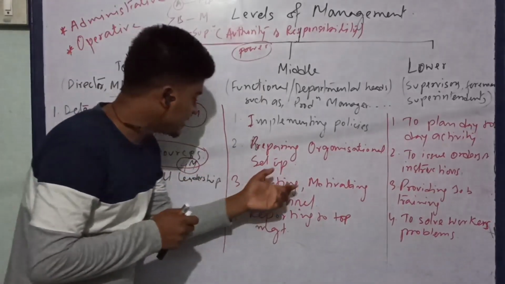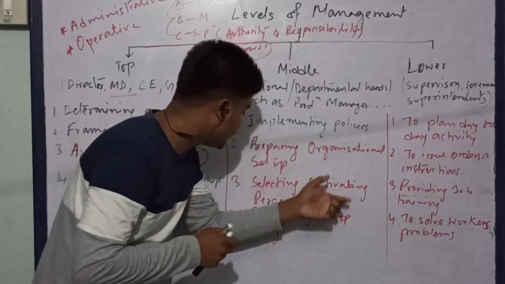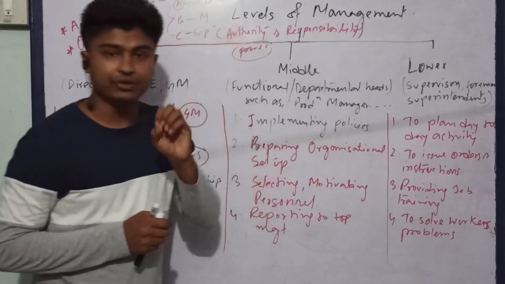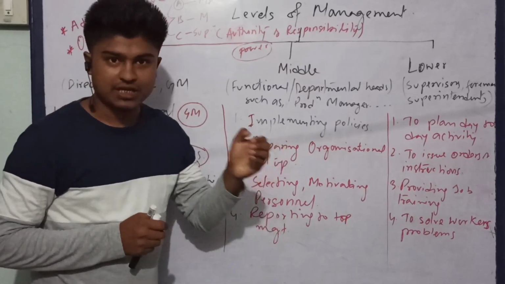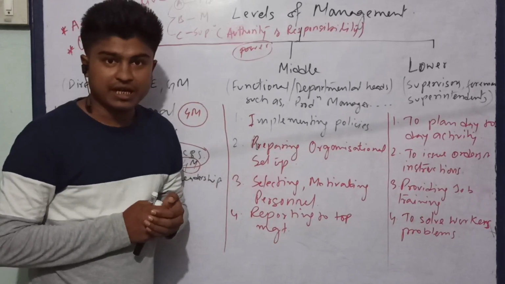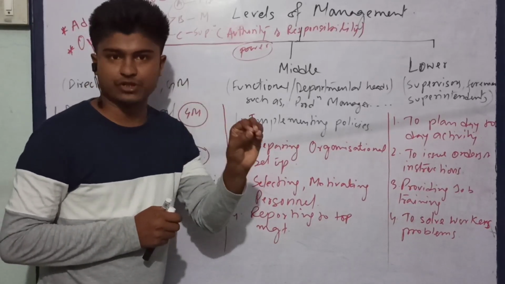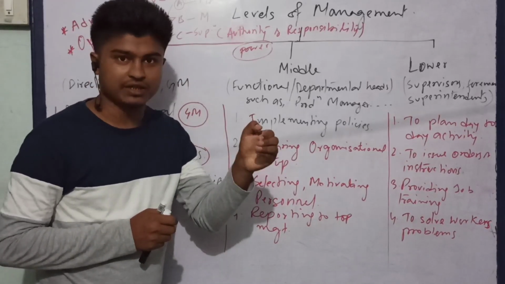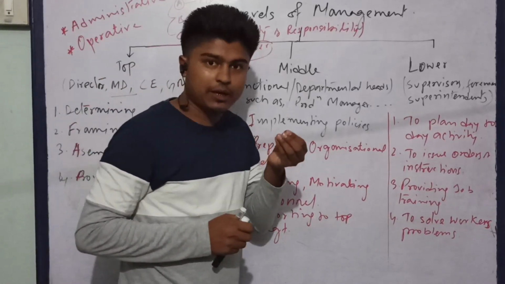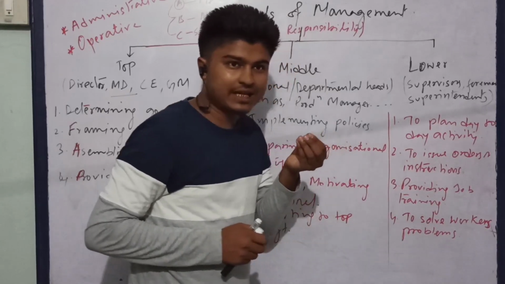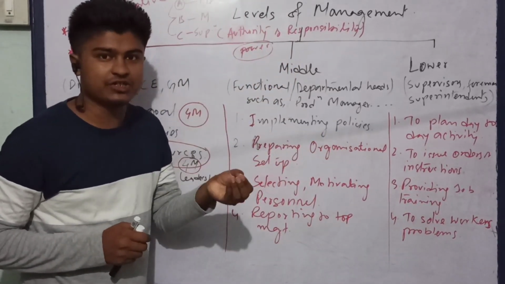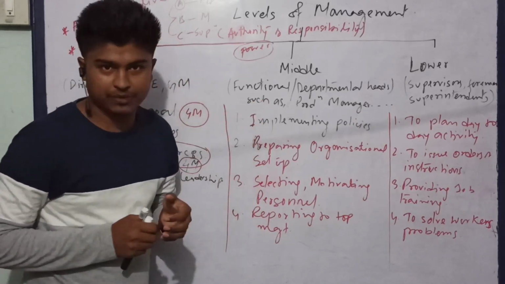Now selecting and motivating personnel. These are two different terms. Suppose, in order to run a particular department smoothly, human resources are needed. The selection of human resources, and after selecting, the motivation, that means providing a kind of energy, is the duty of middle level management.